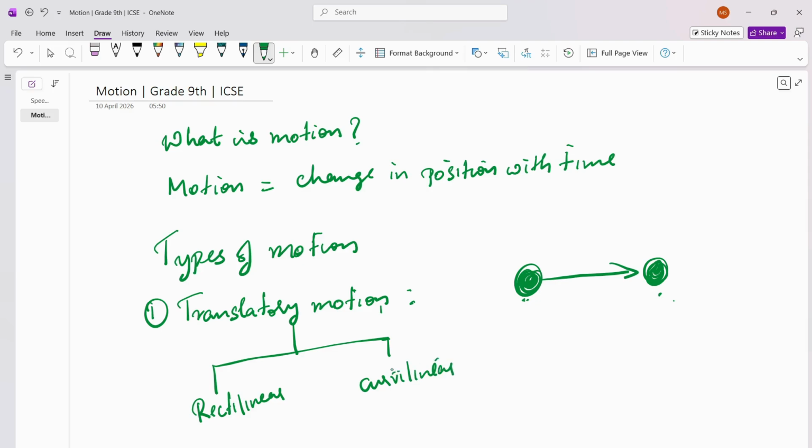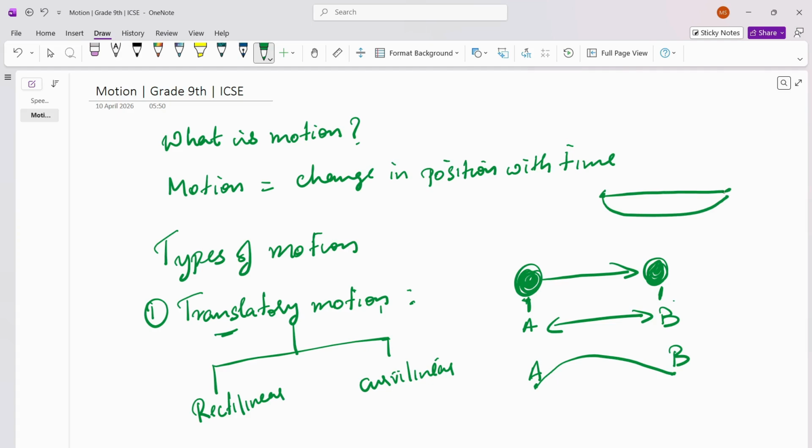So rectilinear is this object moves from position A to position B in a straight line. And when the same object moves from point A to point B in a curved line, it's called curvilinear motion. So easy way to understand translatory motion: an object moves from one point to another point. If it moves in a straight line, it's rectilinear. If it follows a curved path, it is curvilinear.